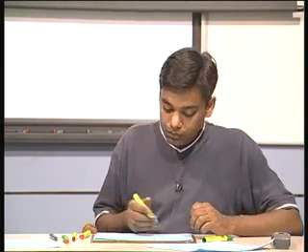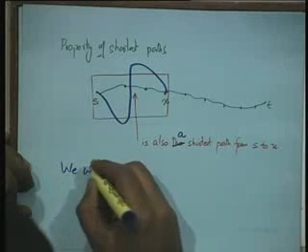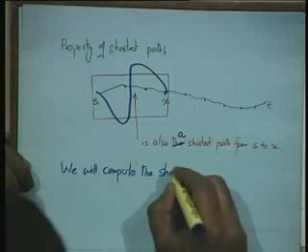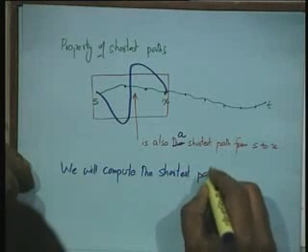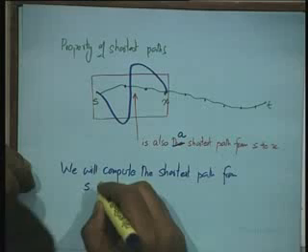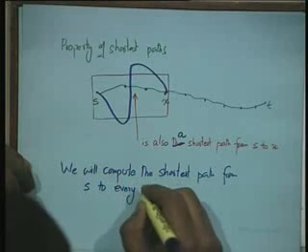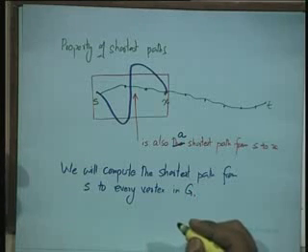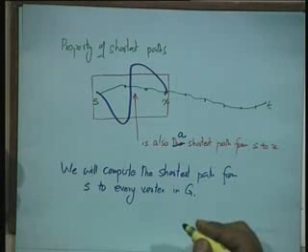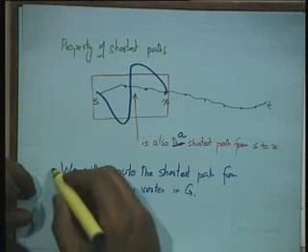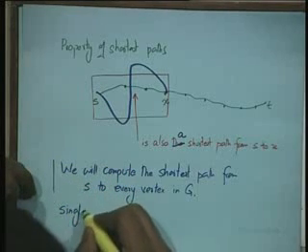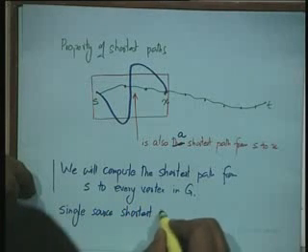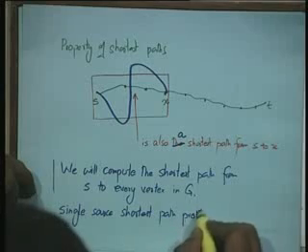So we will compute the shortest path from S to every vertex in G. So this problem is also called the single source shortest path problem.